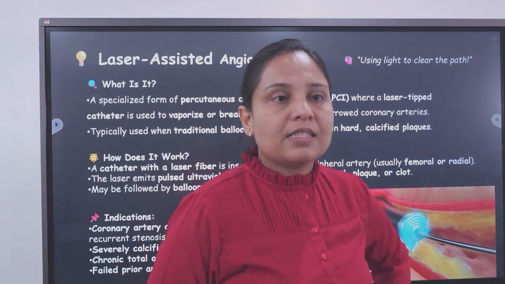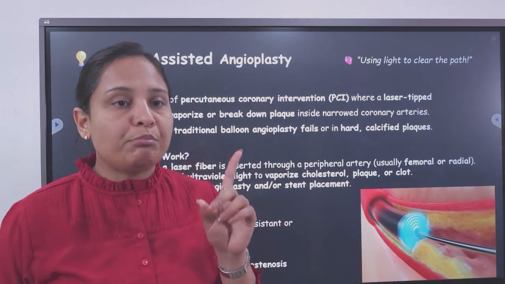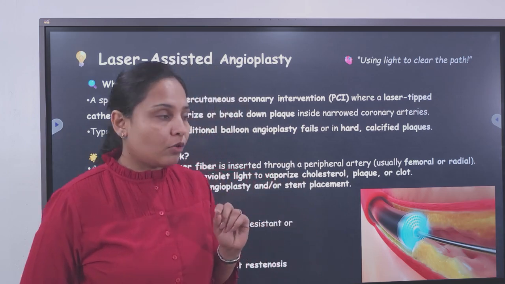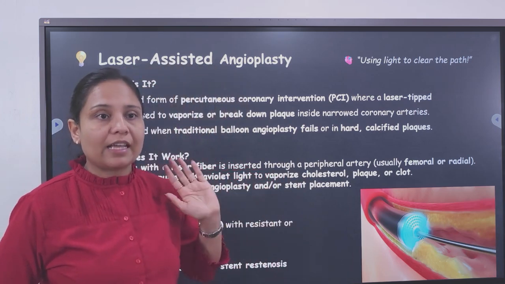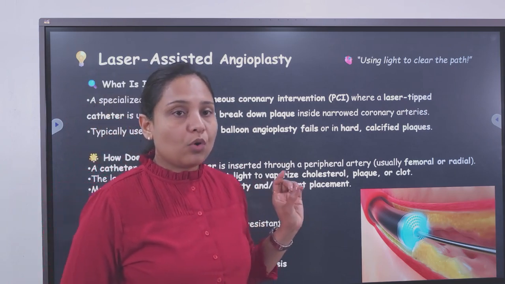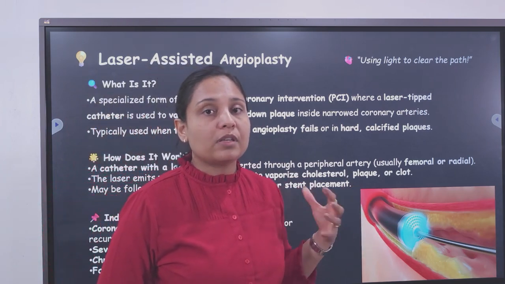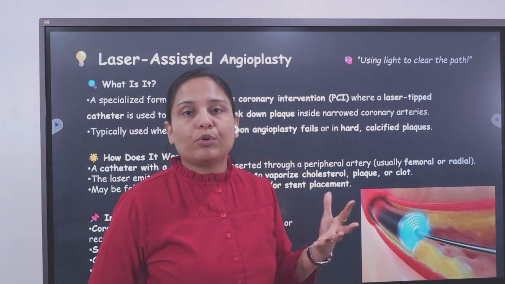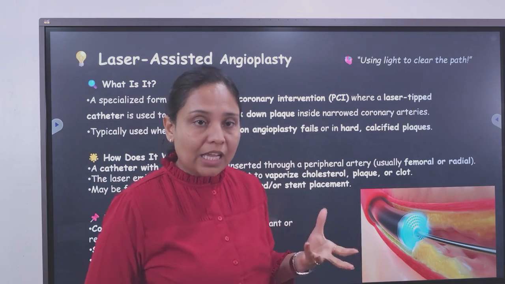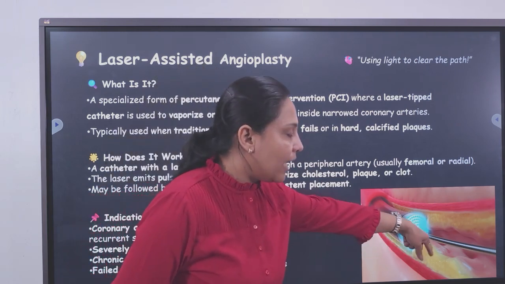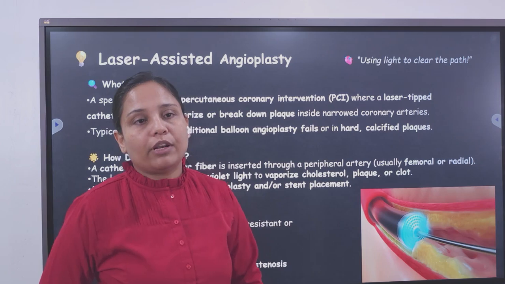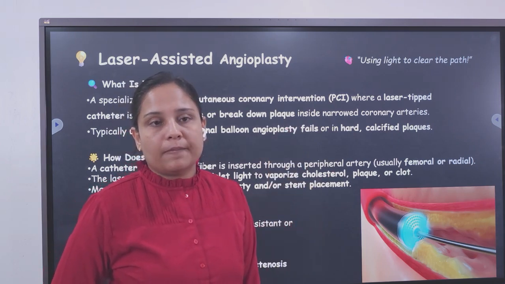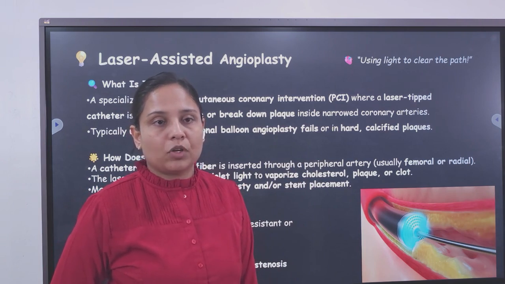Okay, next is laser assisted angioplasty. Angioplasty, but it is laser assisted. What are we going to do? We are going to go in the same way as cardiac catheterization, but you are going to use some laser waves. These laser waves have the capacity to produce heat, and with that heat you are going to break down all this atherosclerotic plaque, and this is how you are going to open up the artery or the blood vessels.